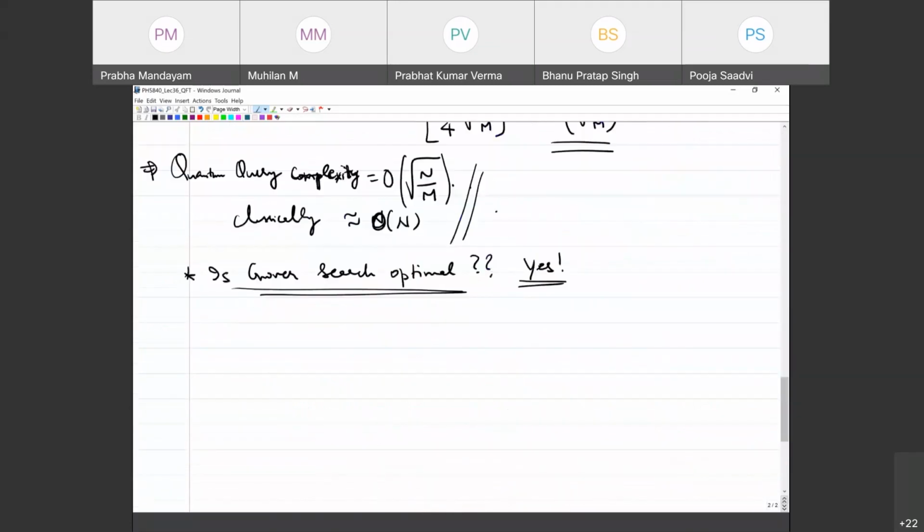So there is no quantum algorithm that can search with fewer than square root n queries.